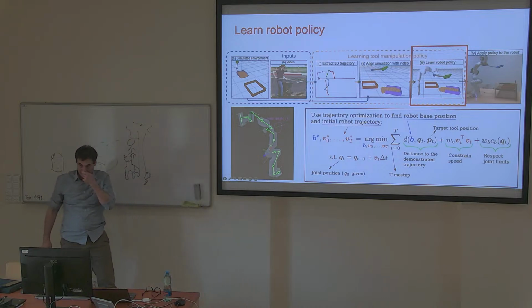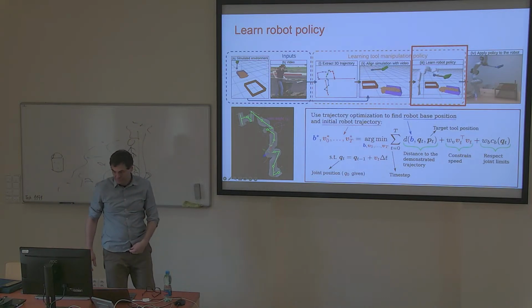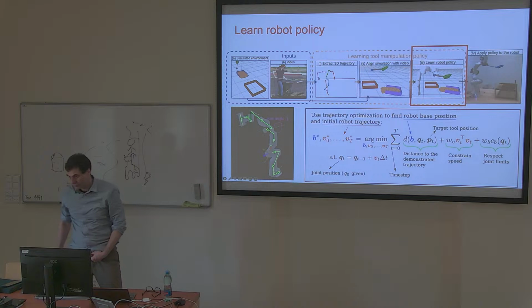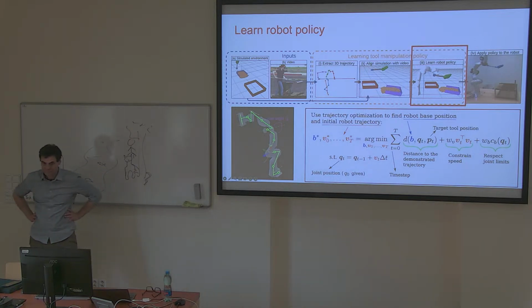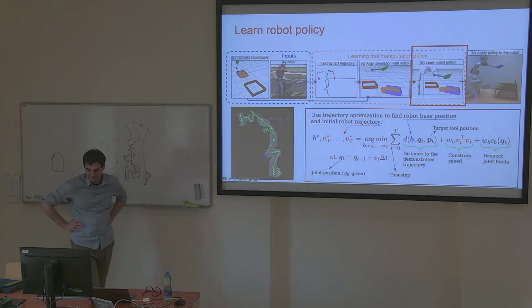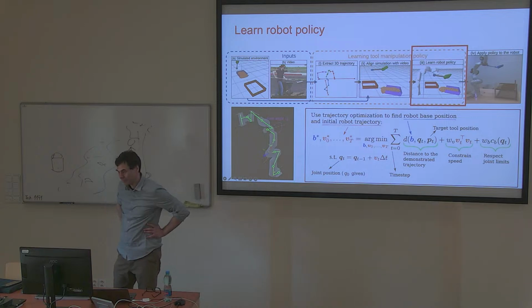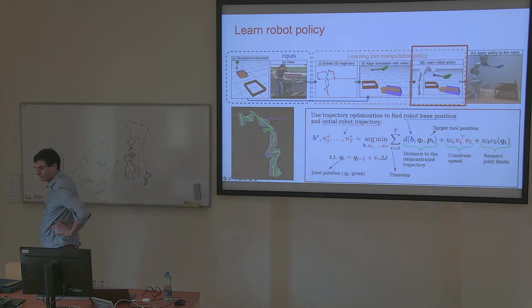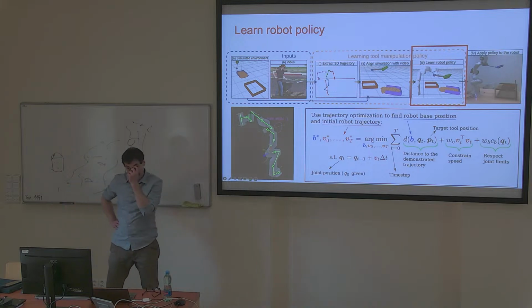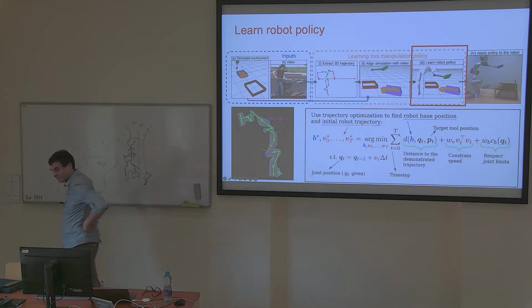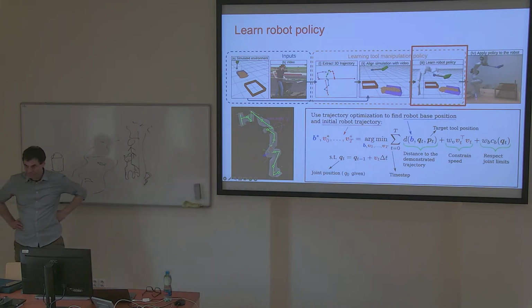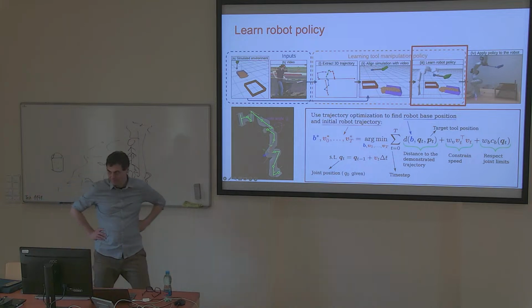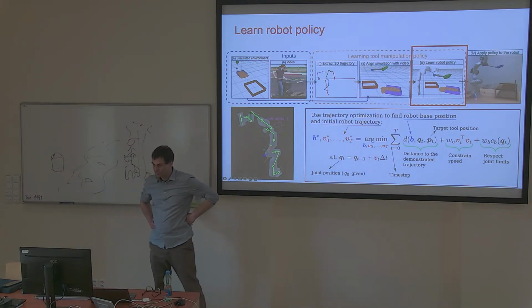I wonder about the third one, respecting joint limits, because in speech or language, we now know that things sometimes break. You get a wrong answer, like a word not correctly recognized, and we live with it. But if something happens here, you will break your robot.